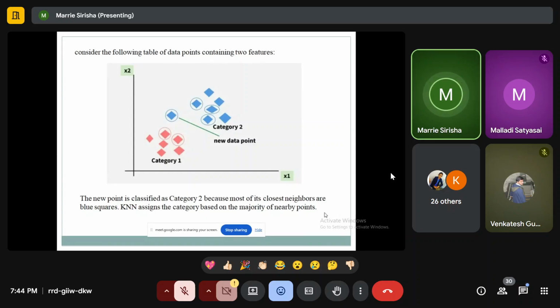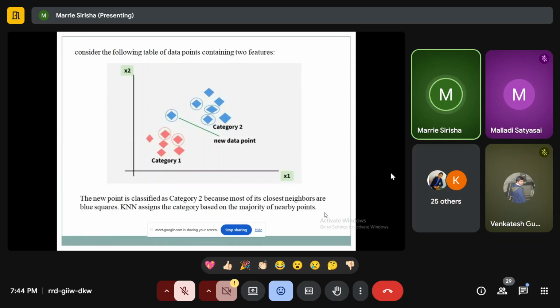So consider this example. I have red squares and some blue squares, right? Now we are adding a data point. Based on which category, you will categorize whether that square belongs to category 1 or category 2.